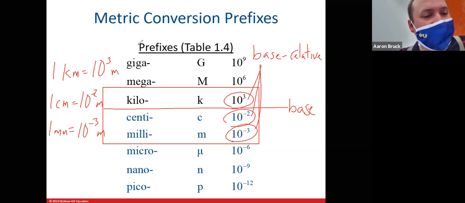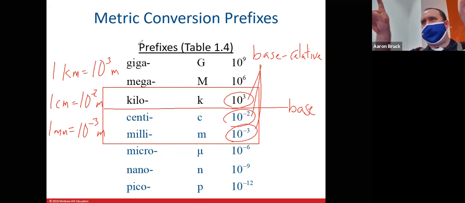Now, what's interesting is since they're all relative to that value, we can always flip them around as well. And what I mean by that is if I want to make them prefix relative, all I do is switch the numbers and change the sign of the exponent.